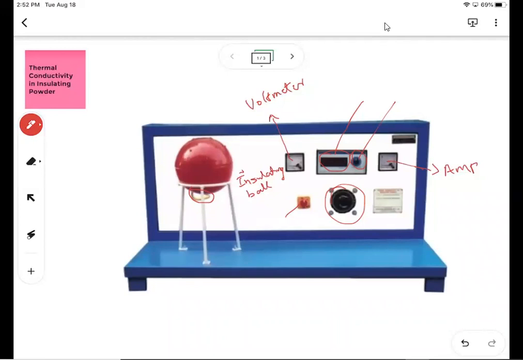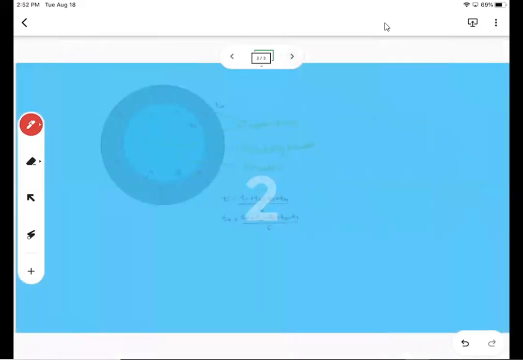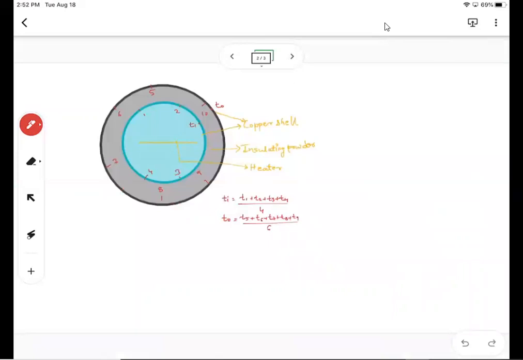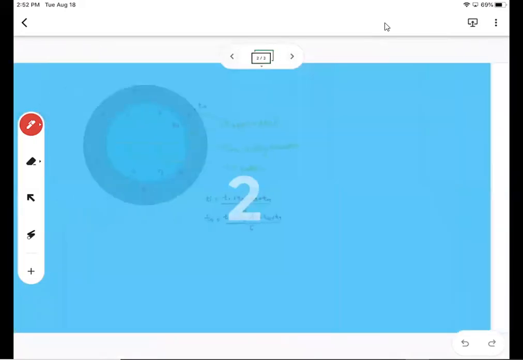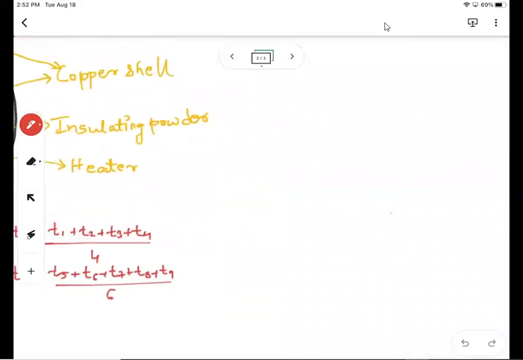So you can control the heating of the heater with the help of this knob. We have a similar setup in our laboratory, so as soon as we get back, we can do the experiment also. Now coming to the calculation part, let me brief you on the calculation.